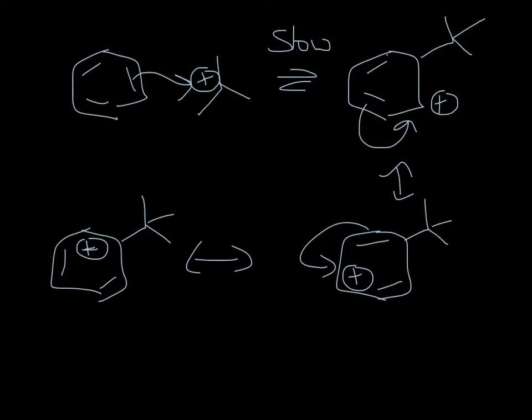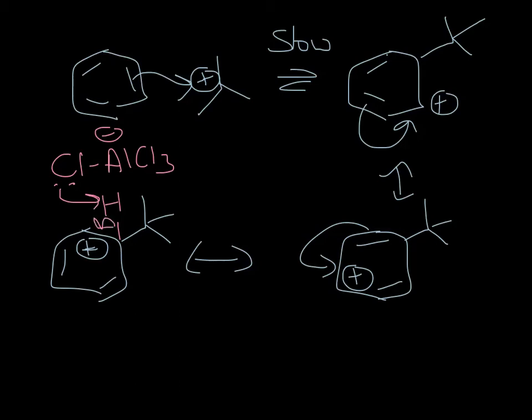And then the aluminum chloride source that I had from before, where I have the negative charge on this chlorine, can come and deprotonate so that I can regenerate my aromaticity. A lone pair of electrons on the chlorine can grab the hydrogen.